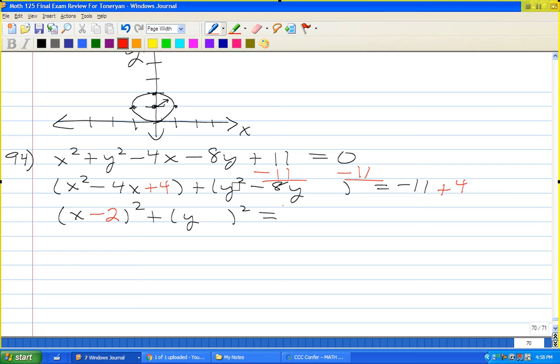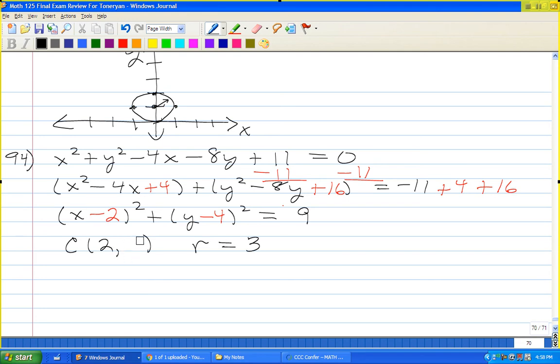So to complete the square, just take -8 divided by 2, -4, squared is 16. So let's add 16 to both sides of your equation. And so I get that the center is 2, 4, and the radius is 3.